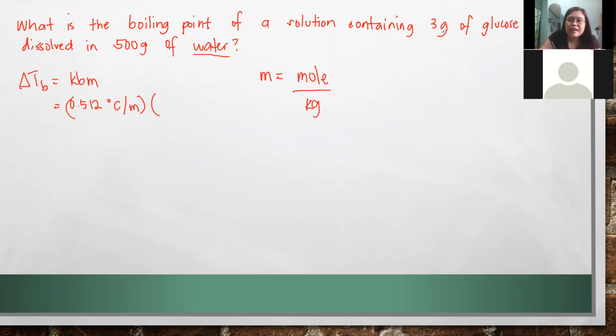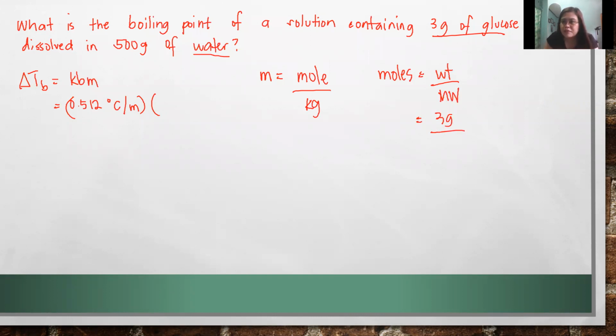So sa moles ng ating solute, we have 3 grams of glucose there. How do we compute for the moles? This is weight over the molecular weight. So the given is 3 grams. And for glucose class, sa previous nga problem, ato ang gi-solve ang molecular weight ni glucose, diba? It's 180 grams per mole.